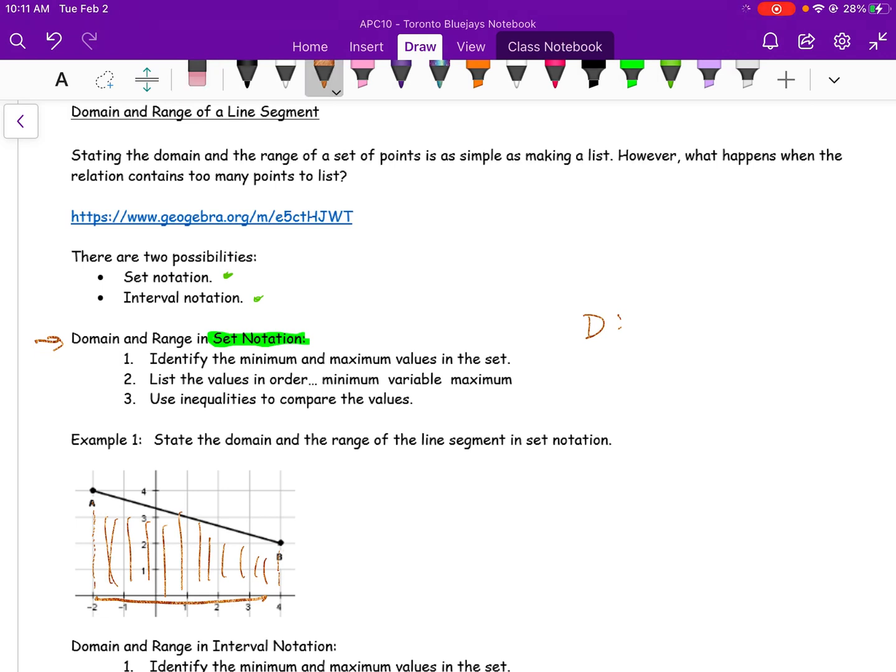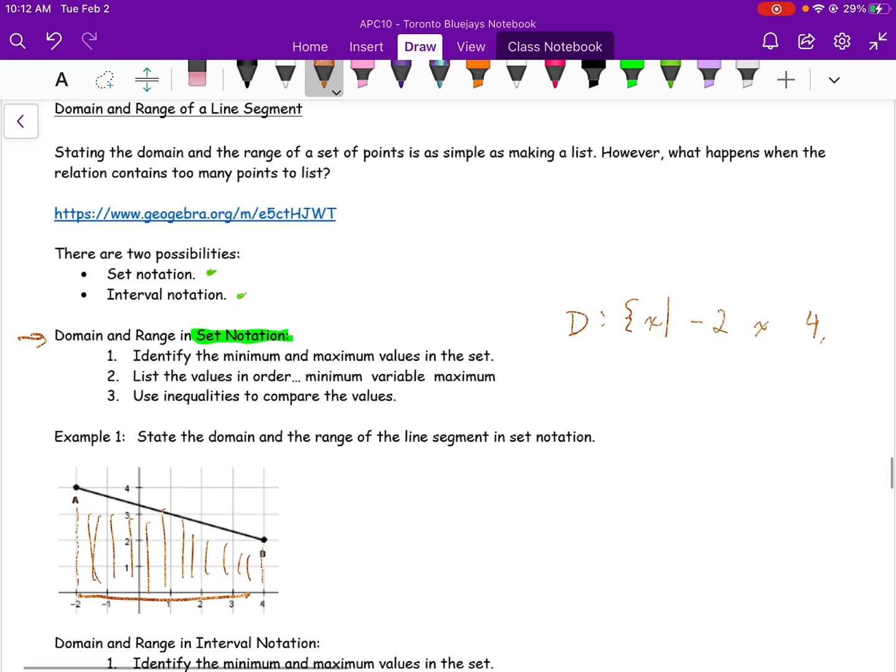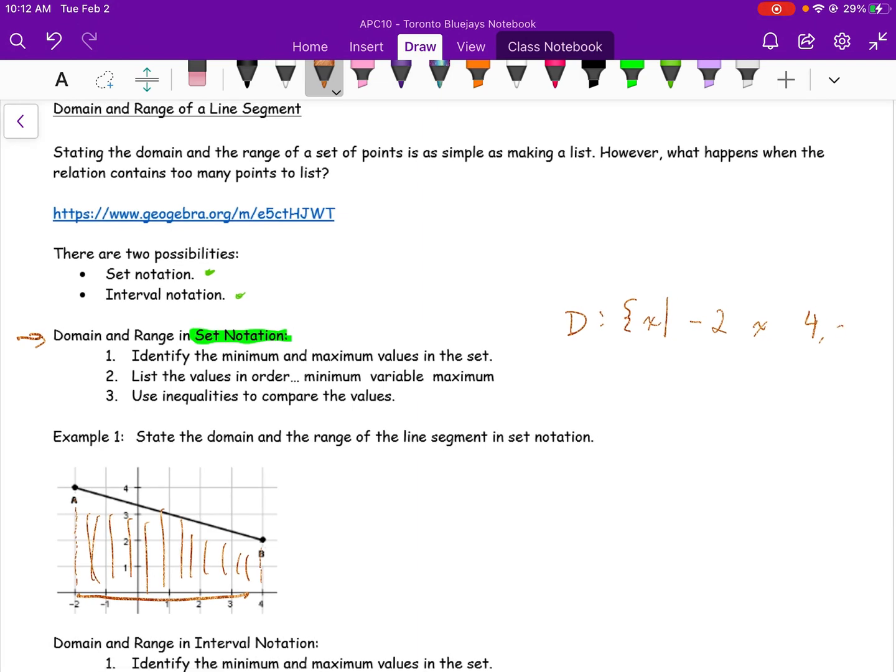So the domain is x exists such that, that's an x with a really long straight line. Now we put our lowest value and our highest value with the variable in between. And after this, we put x is an element of the reals.